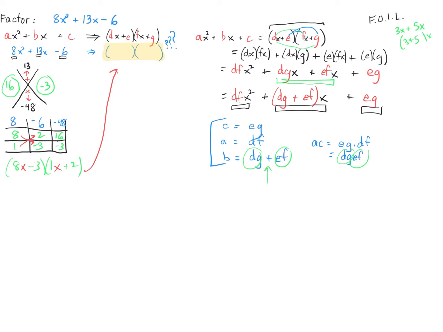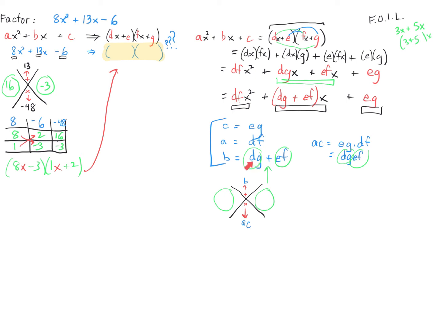Well, let's do the X issue first. So when we solve this little puzzle, we put the B coefficient on top and A times C on the bottom. So let's do that here. We're going to put the B coefficient on top and the A times C on the bottom. And then we had to find two values which added to give us B and which multiplied to give us AC.